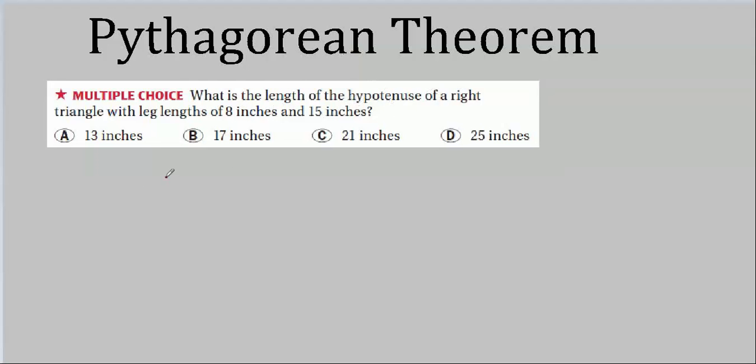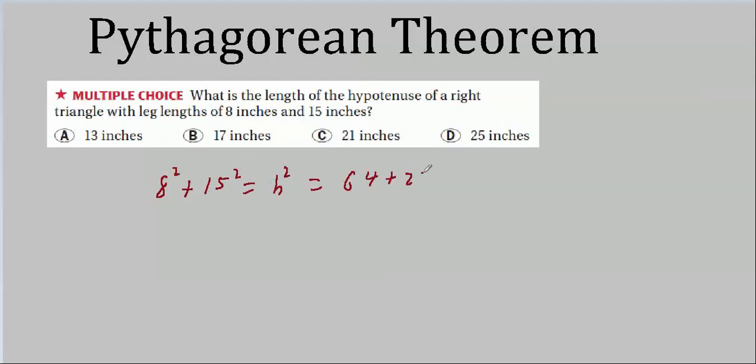We're just going to write 8 squared because they gave us the legs. If they had given us the hypotenuse and asked for one of the legs, we just have to rearrange the equation. It's still not that big a deal. And 15 squared, well, that equals h squared. And that, I think, would be 64 plus, is that 225?